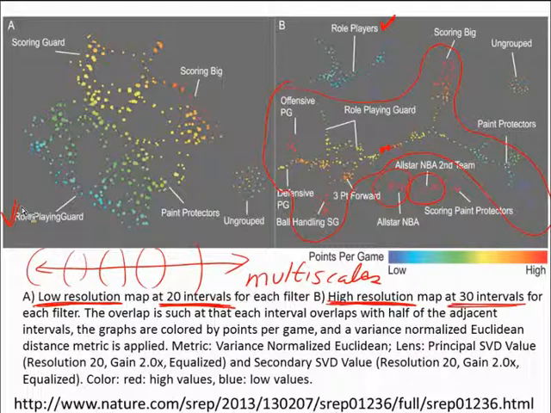Remember, we use seven different coordinates, so there are 7 different properties that were looked at. But often you will color your graph, and so they color the graph using the points per game. And so the high scorers, we can see, are all colored red, and the low scorers are colored blue.